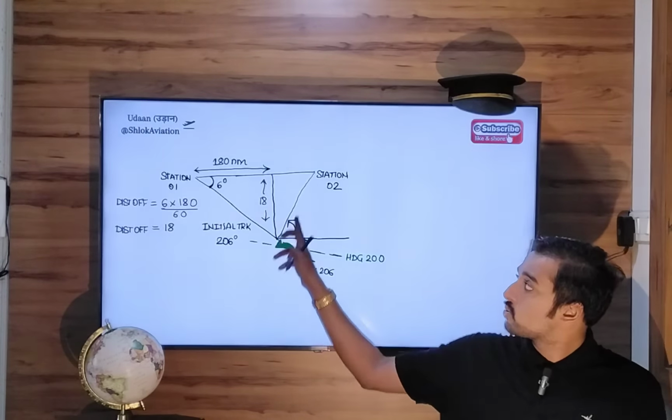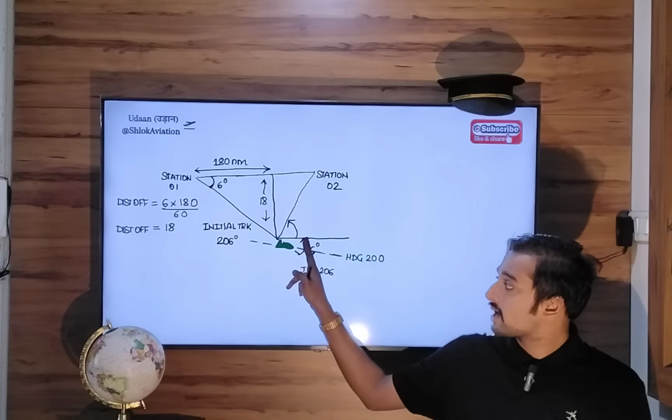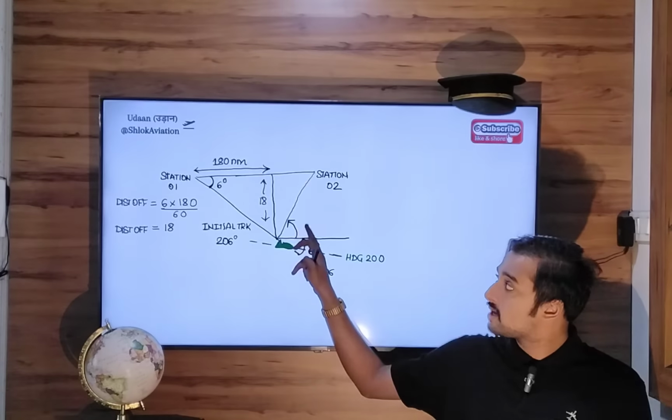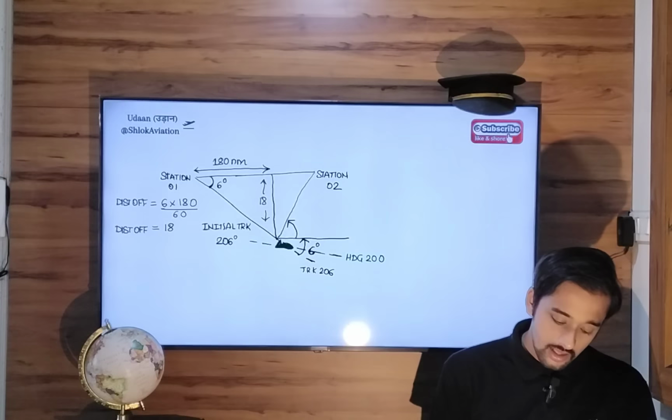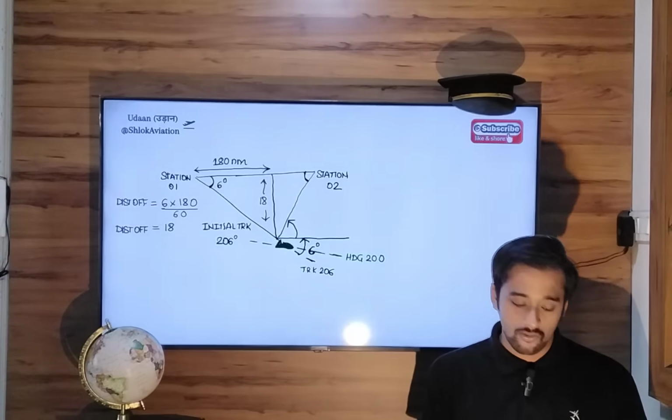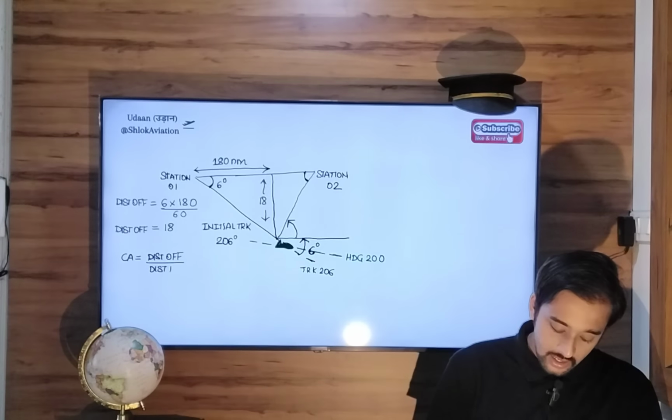Now corresponding angles are equal. Okay, so if this is 6 degrees, this angle will also be 6 degrees. Now let's find this angle. To find this angle, we will have to know this angle, because alternate angles are equal. So if you know closing angle, you will be able to find out this angle. So closing angle equals distance off track divided by distance remaining into 60.